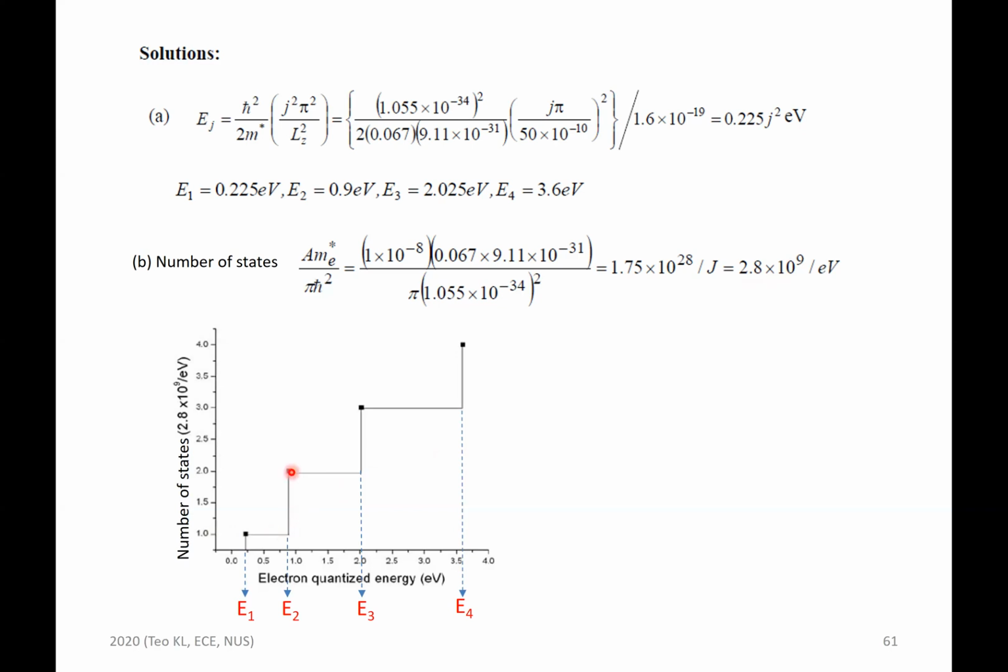Then it jumps up, so from E2 to E3 it will be 2 times 2.8 times 10 to the power of 9. Then from E3 to E4 you jump up again, and this will be 3 times 2.8 times 10 to the power of 9. That's how you count the number of states, and therefore this is a step function.